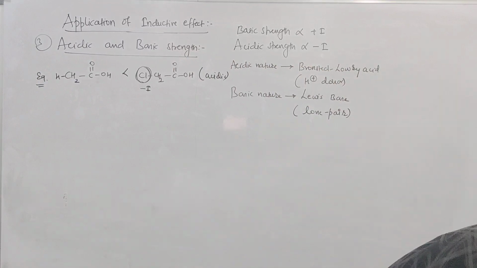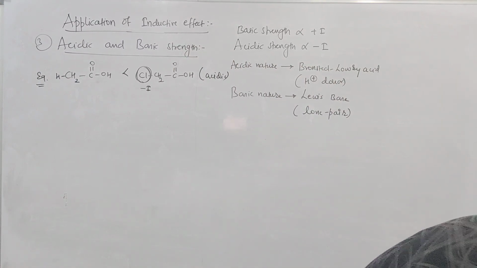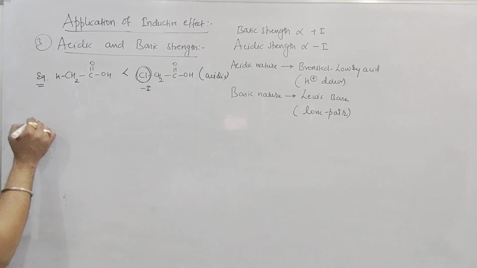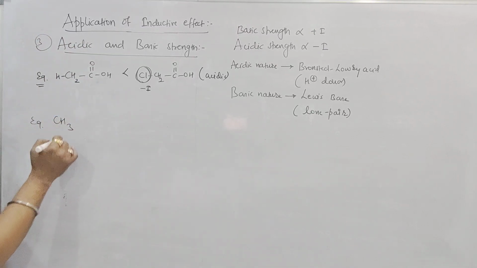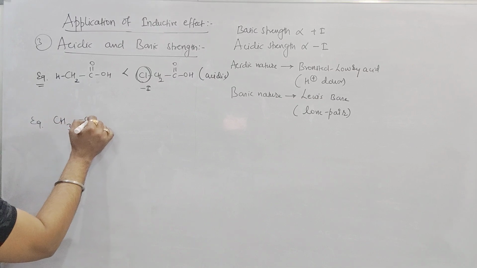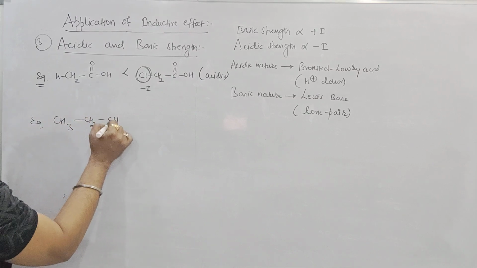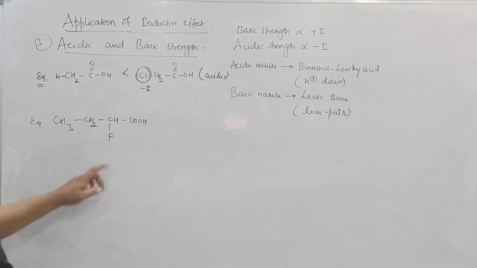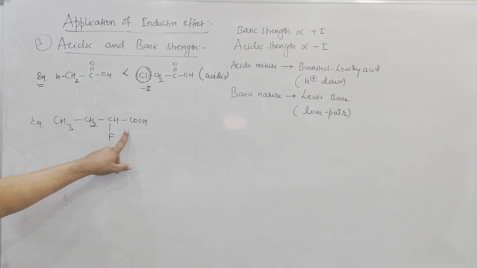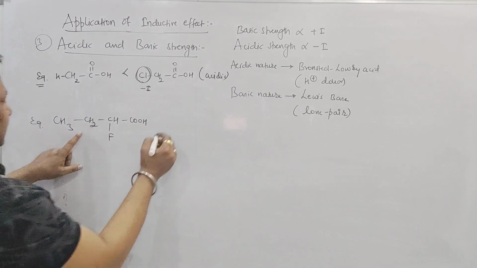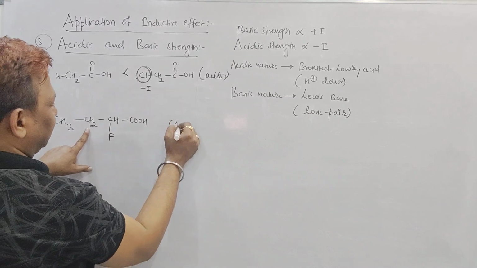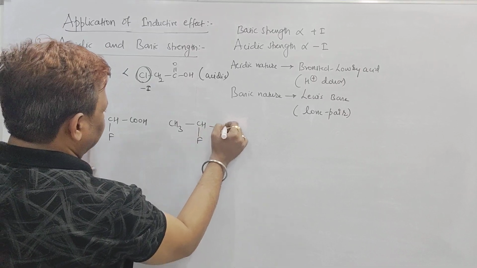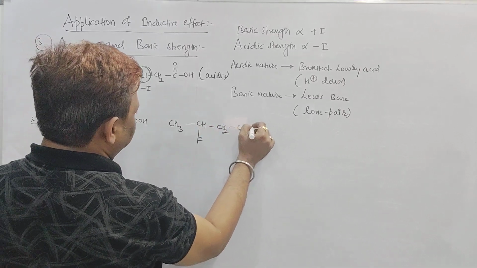It is the first part, right? Now, second example here. I am having CH3, then CH2, then CHF bonded with COOH. See beta, fluorine is present near to the COOH. In the next example, fluorine comes here, it becomes CH3, then CHF, then CH2 and then COOH.